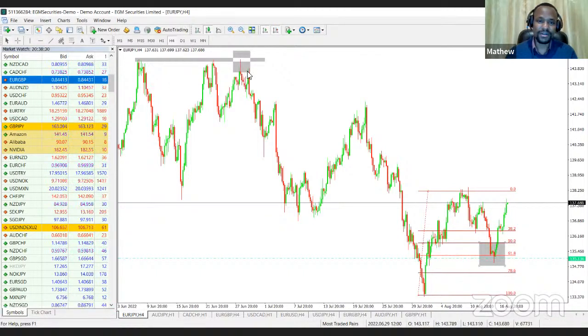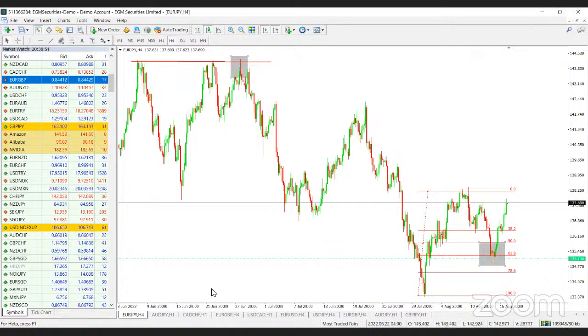There we have the pin bar occurring at that area, right? That's why you have the pin bar. Let me use a line so we can easily identify that is the resistance. And then we have the pin bar occurring there, and a strong move to the downside. So that is for Euro Yen.